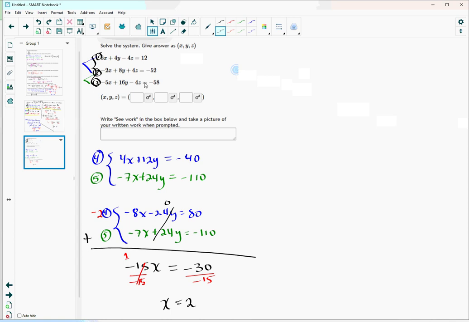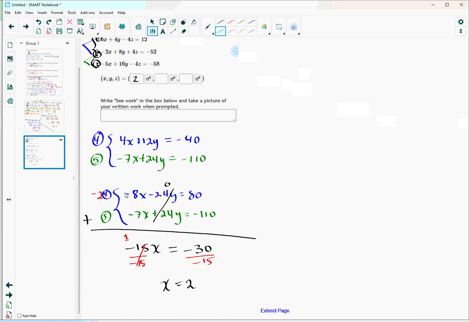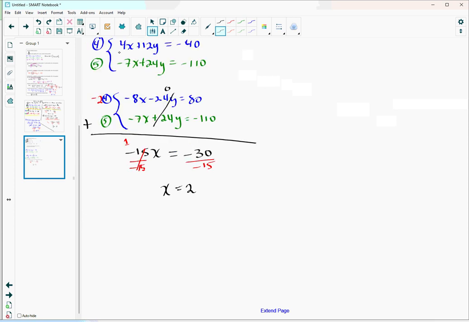So I'm going to put that 2 in for my x and move on to the next part, which is to use one of the equations from this set, either equation 4 or equation 5. So let's use equation 4. Doesn't matter which one, but I'm just picking 4.